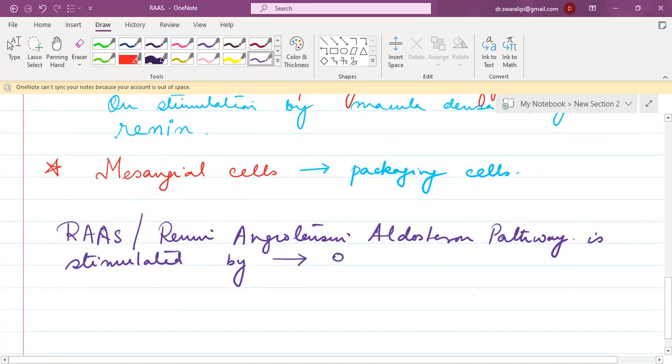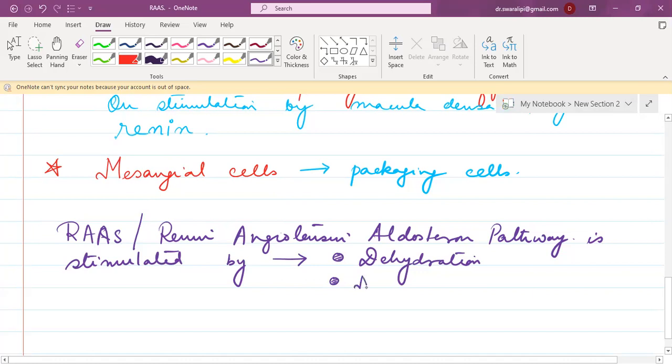One factor is dehydration. If there is dehydration, then RAS will be stimulated, that means the pathway will start operating.